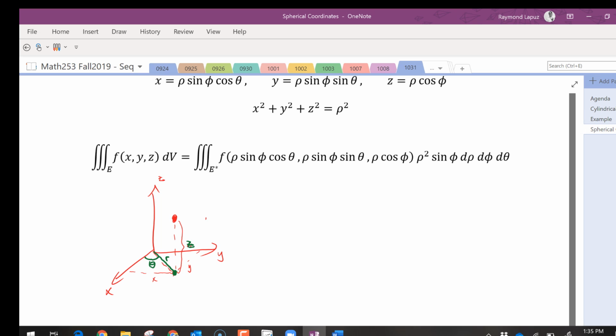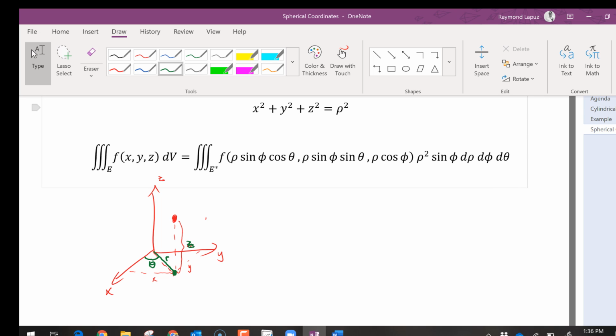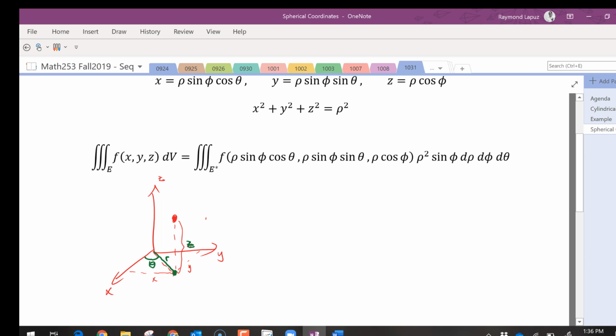Okay. Now when we're dealing with spherical coordinates, what we're interested in is the actual distance, not from the origin to the point in 2 dimensions, but from the origin to the actual point. And because little r for radius is already taken, and they didn't want to use big R, they actually use rho as the variable to represent the distance from the origin to that point in space.